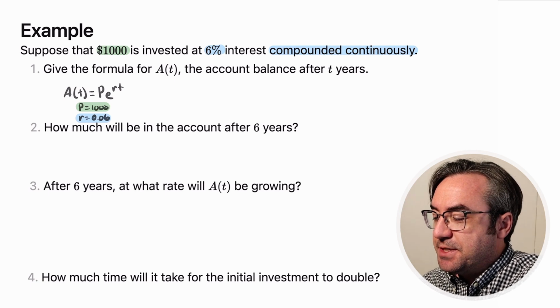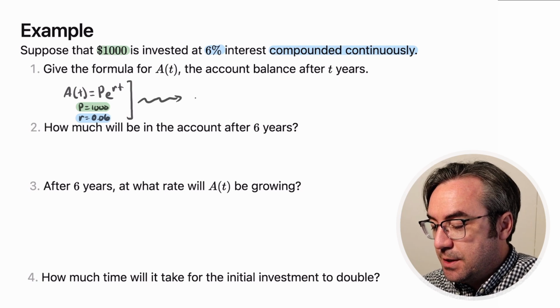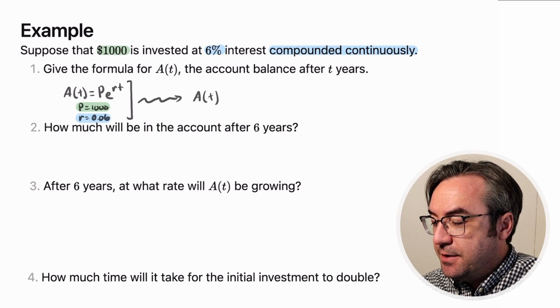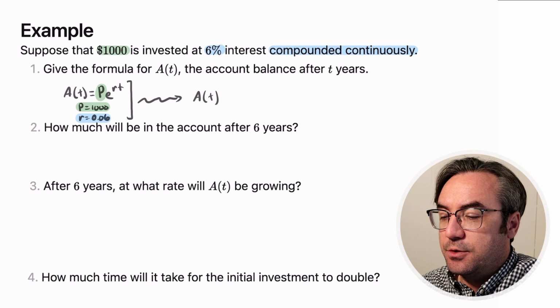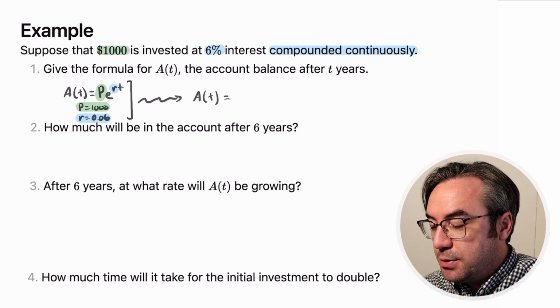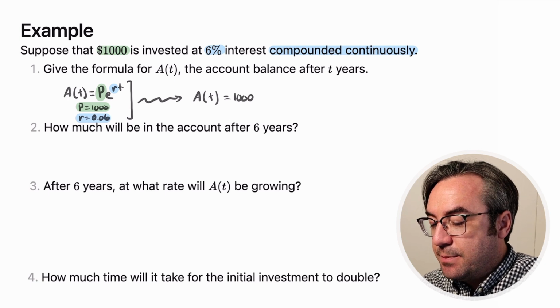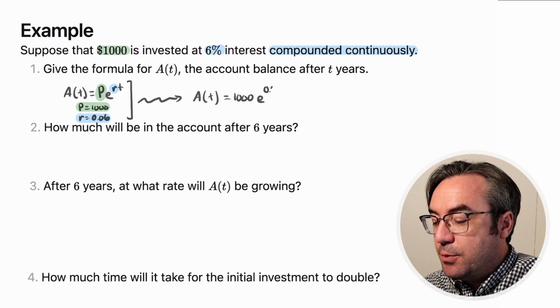All right, so let's plug the pieces in. So A of t, we know our principal is 1,000, so we'll plug the 1,000 in there. And then we know what r is, so we'll plug that in. So we end up with 1,000 times e raised to the 0.06 times t.